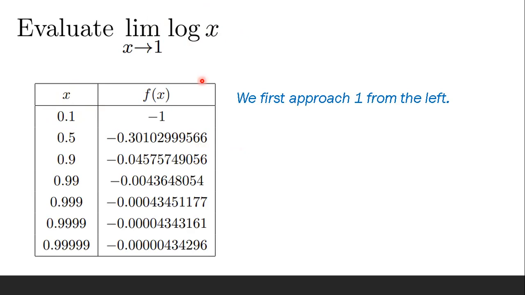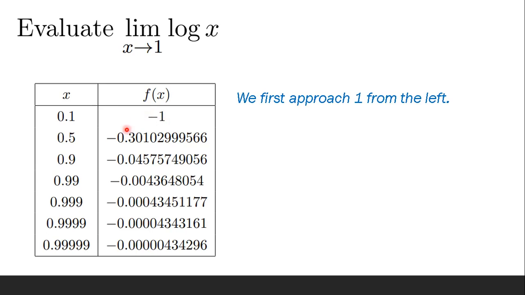Just press log 0.1, press the equal symbol, and you will get -1. That's just how easy it is. The logarithm of 0.1 is equal to -1. That's for the f of x.